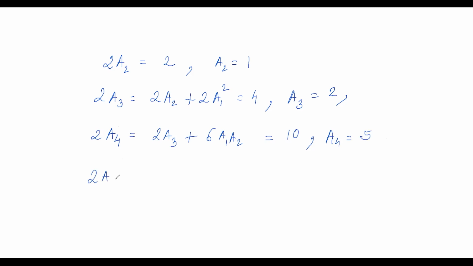And finally, what we wanted, 2a5 is 2a4 plus 8 a1 a3 plus 6 a2 square, which will be equal to 32. And so if we have any 5 distinct numbers, we can make 32 alternating sequences.